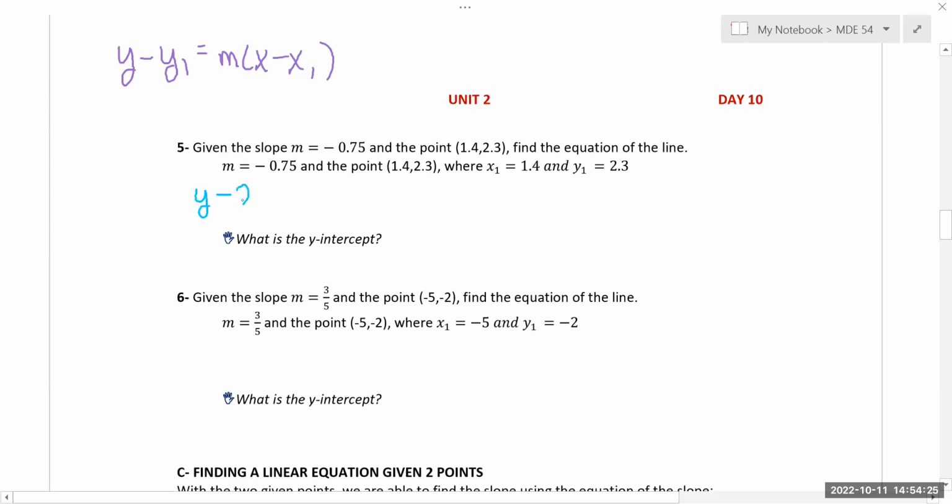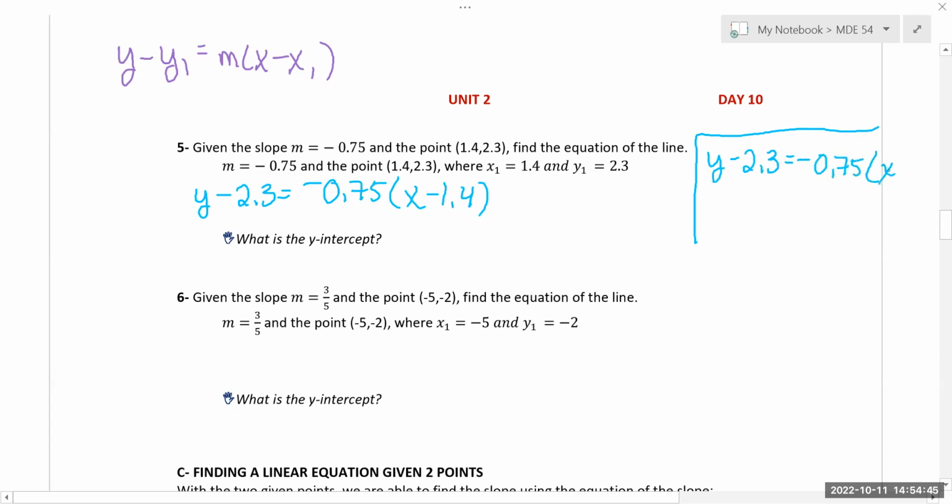There's our y1, it's 2.3. Our m is negative 0.75 and our x1 is 1.4. And I could leave it like that. Now to get the y-intercept, I'm going to come over here. I'm going to do y minus 2.3 equals negative 0.75 times (x minus 1.4).